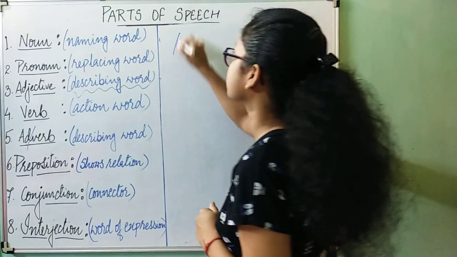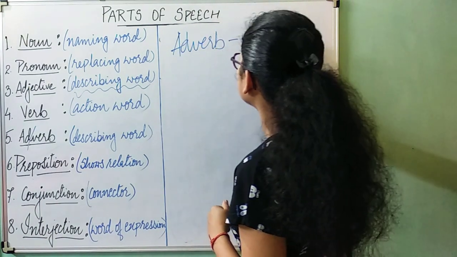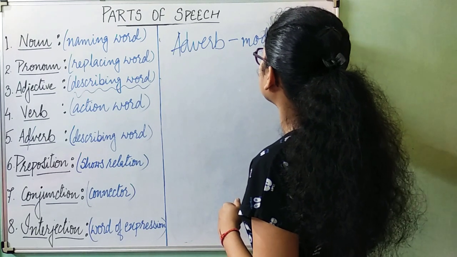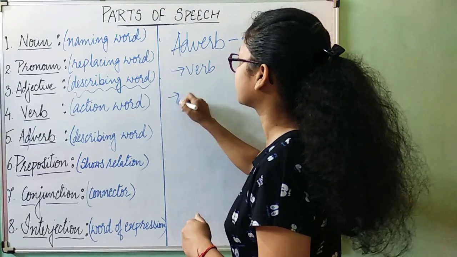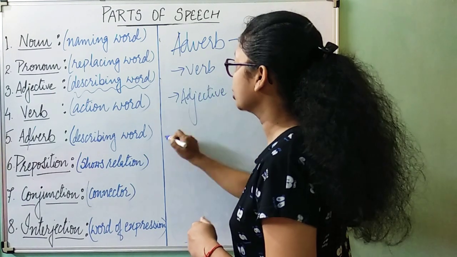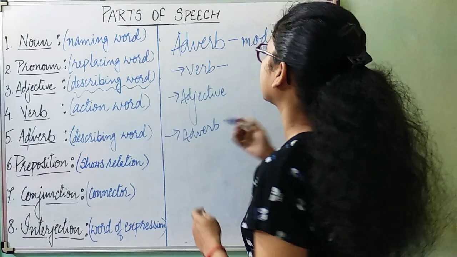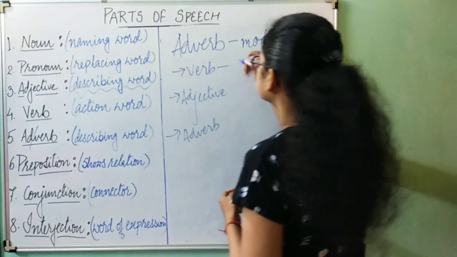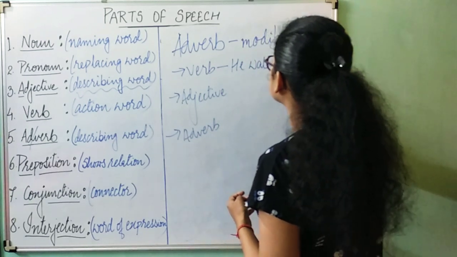Let's see this. So an adverb modifies what all? A verb, an adjective, and also another adverb. Let's see how. He walks fast.